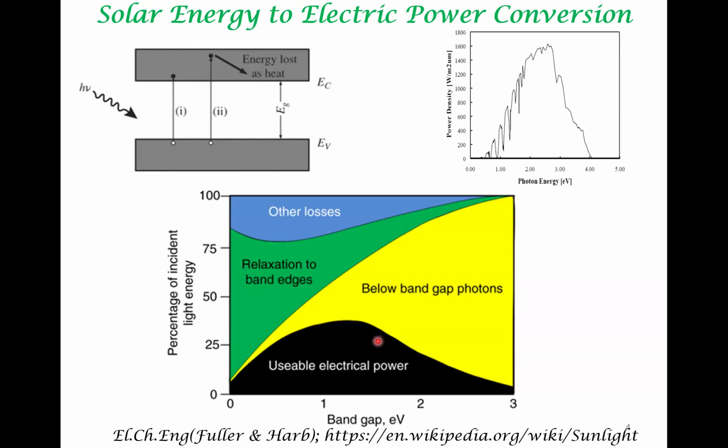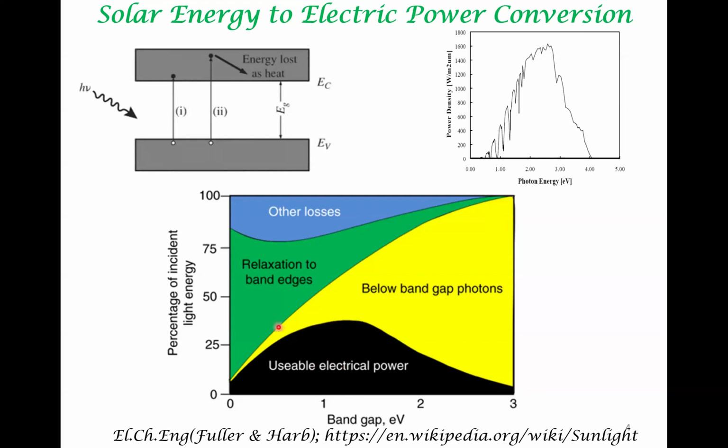So the usable electrical power increases and then decreases. Okay, so there are two reasons, right? It increases because the amount of energy loss due to this relaxation decreases with increase in band gap, but it decreases because as you keep increasing the band gap of the semiconductor, fewer and fewer solar photons can be absorbed.